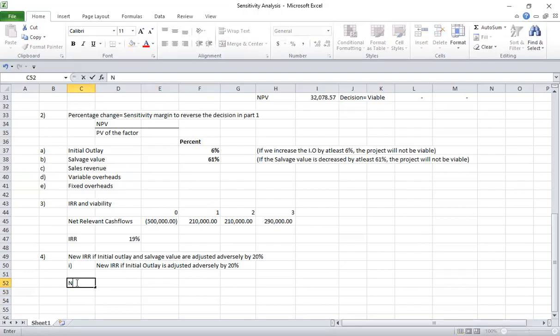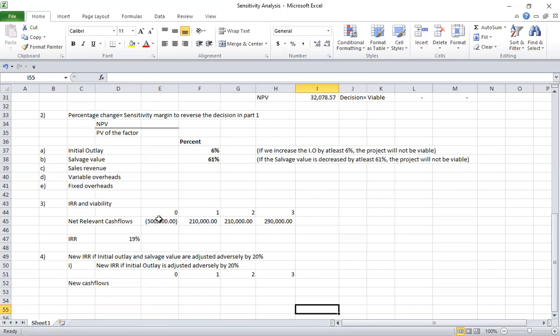I will say that the new cash flows will be how much? So again, period 0, period 1, period 2, period 3. The initial outlay is applied to period what? To period 0, yeah?